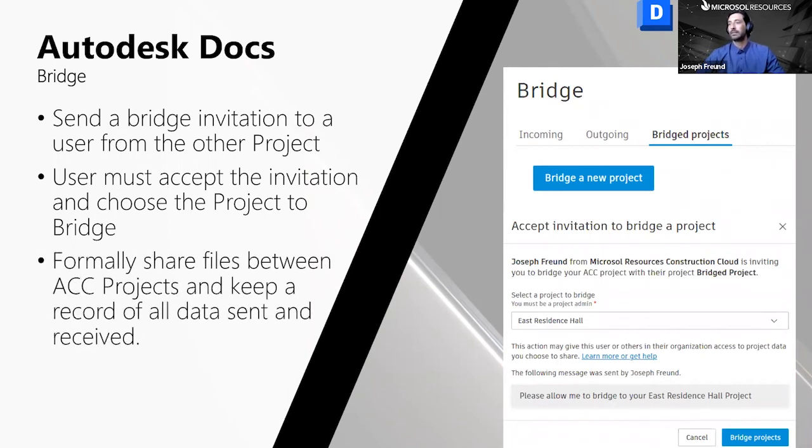All right, and everything is then tracked between one project and another. So if you are transferring those files, you can keep a record of all that data that is both sent and received. So you've got an incoming and outgoing tab within the bridge module, and then you can check to see which projects have created that bridge too.